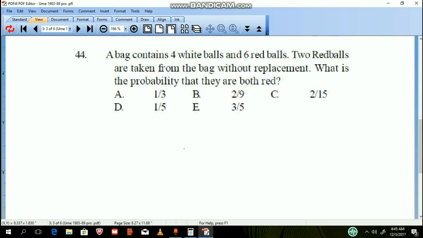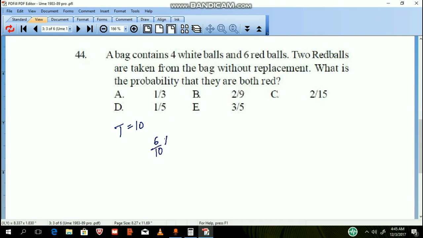44 rather. A bag contains 4 white balls, 6 red balls. 2 red balls are taken from the bag without replacement. What is the probability that they are both red? Now we have the total number of balls in here is 10. If the first red is taken, that will be 6 over 10.